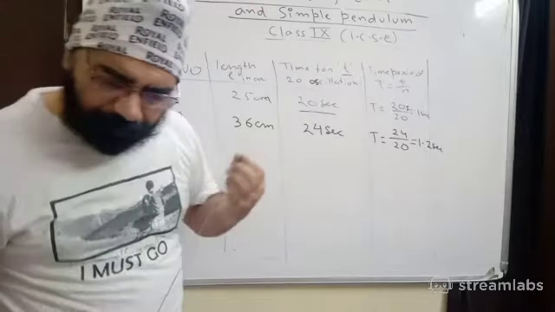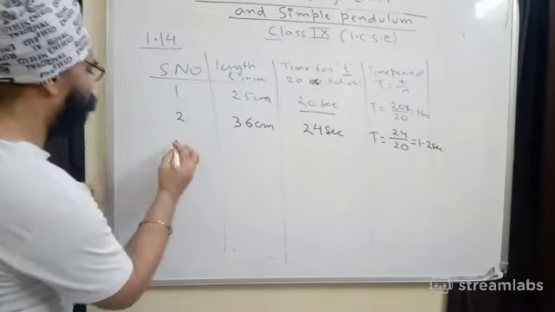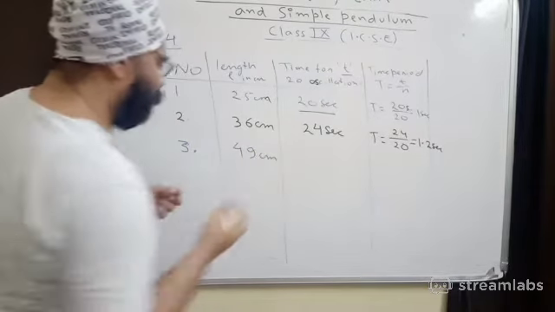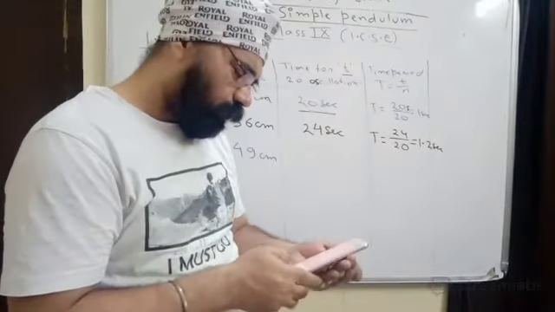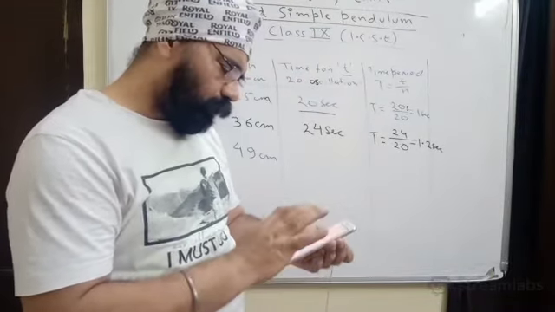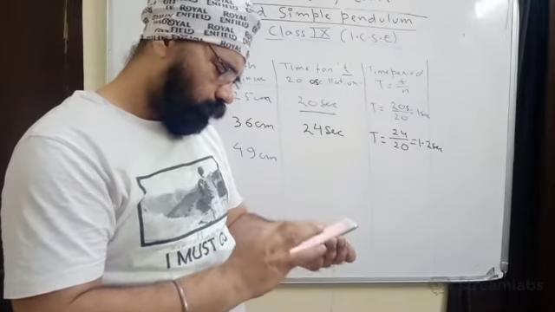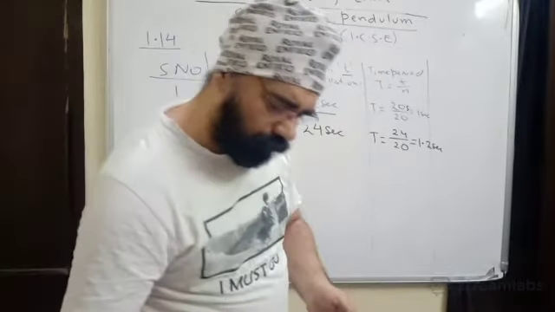Okay, so now I have made the length 49 centimeters. This is my third reading and I have changed it to 49 centimeters. I reset my stopwatch to 0 and I will start it again.